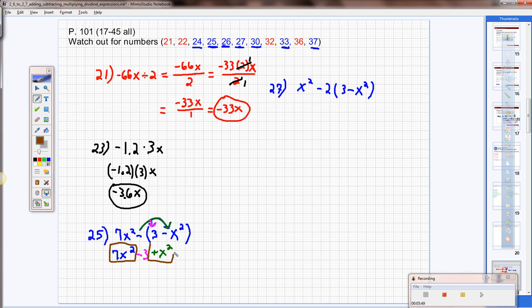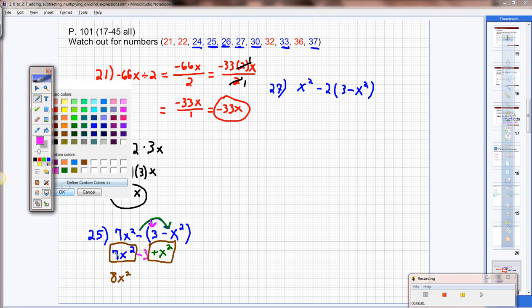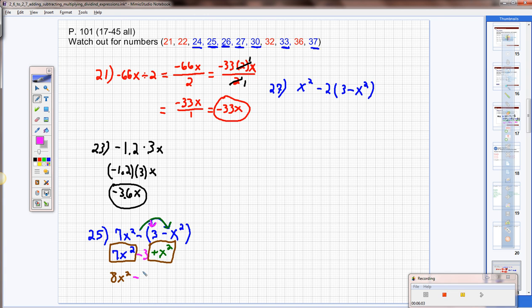So 7x squared and x squared, that's 1x squared, are going to give you 8x squared. And then all we have left is minus 3. You need to make sure that you are not trying to combine the 8 minus the 3, because they're not, what do we call that? Like terms. They are not like terms. They do not have the exact same variables.